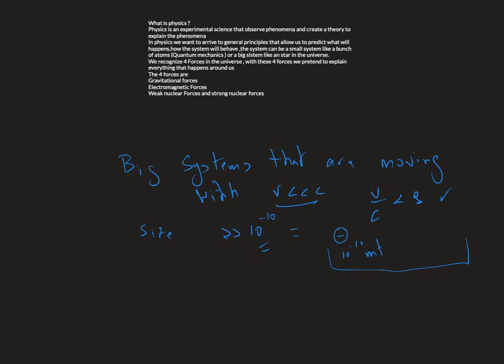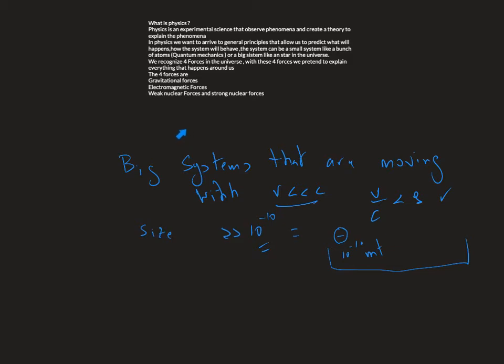The other forces that we know exist are the weak nuclear force and the strong nuclear force. The strong nuclear force is the force that maintains the particles in the nucleus of the atoms together, and the weak nuclear force is related to decay in the atoms.